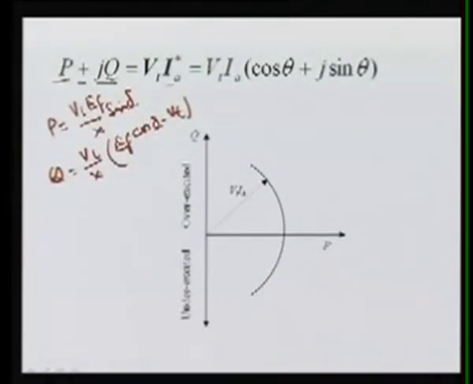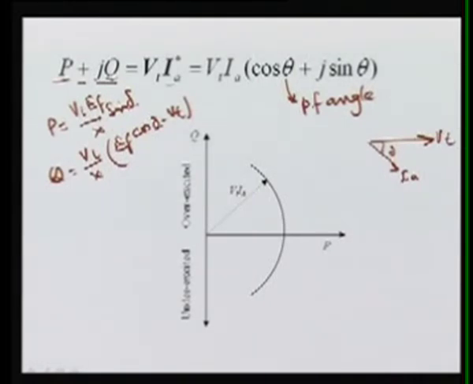Now, here we are going to represent it in terms of the power factor angle. This theta is your power factor angle. So, we can write this with the conjugate. We can take Vt as a reference, then there will be an angle here. Suppose this is your terminal voltage Vt, this is your current Ia, and this angle theta is your power factor angle.